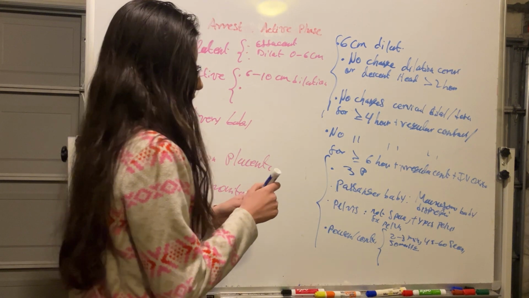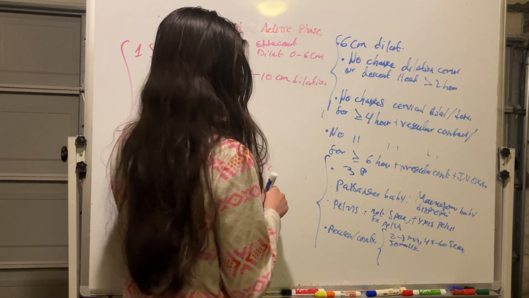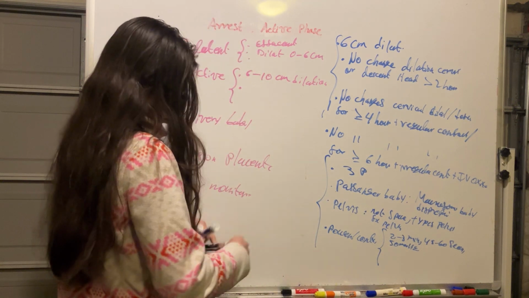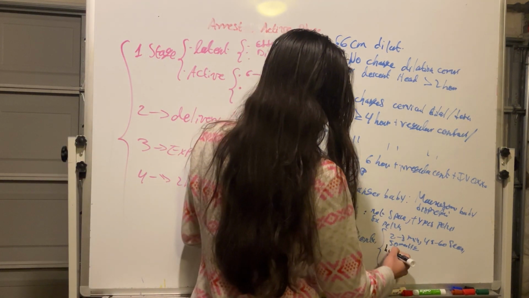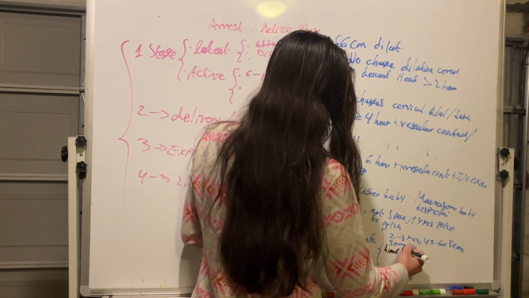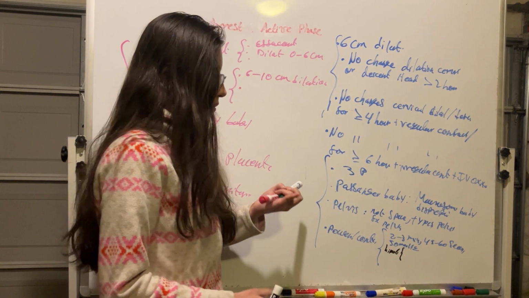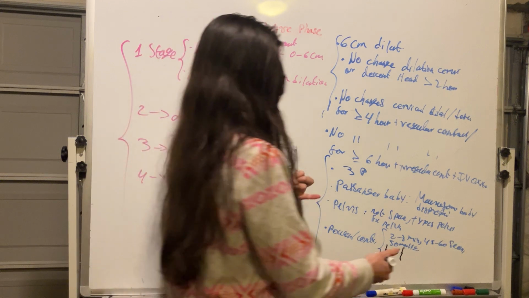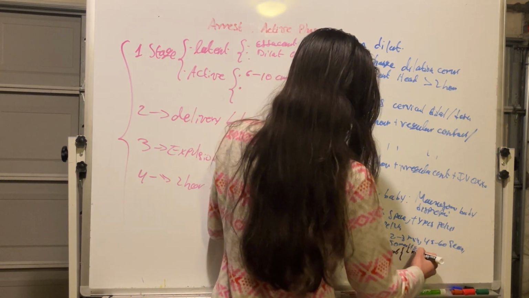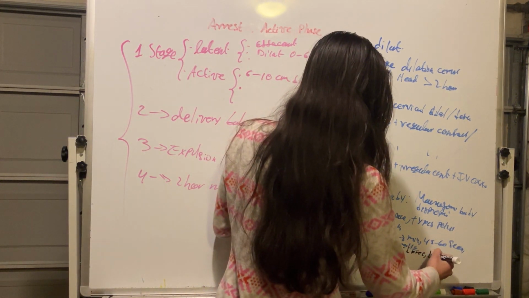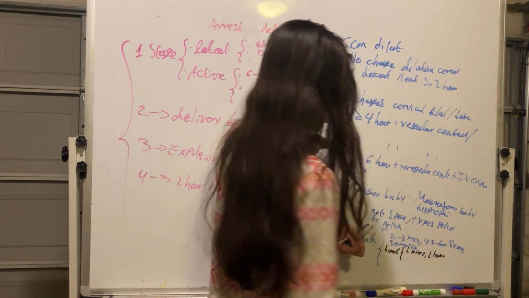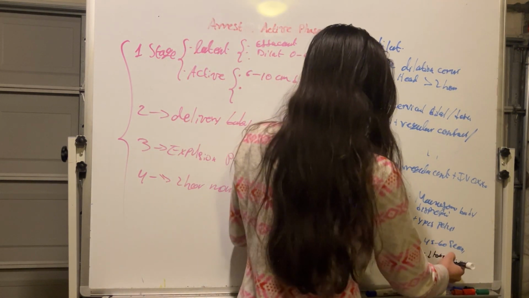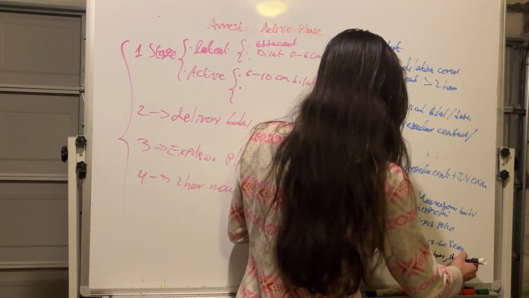If we have a hypotonic contraction, these are contractions that are low in frequency, low tone, so less than 55 millimeters of mercury, and short duration.